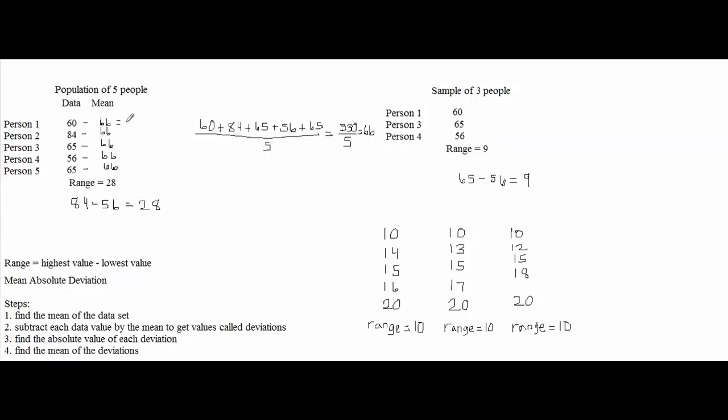60 minus 66 is negative 6. 84 minus 66 is 18. 65 minus 66 is negative 1. 56 minus 66 is negative 10.